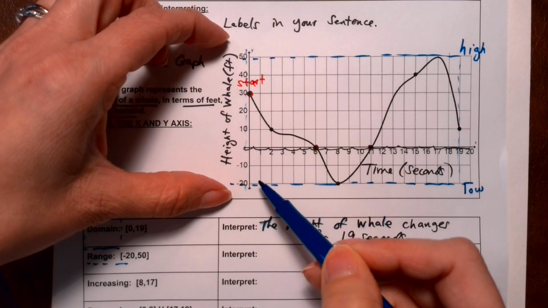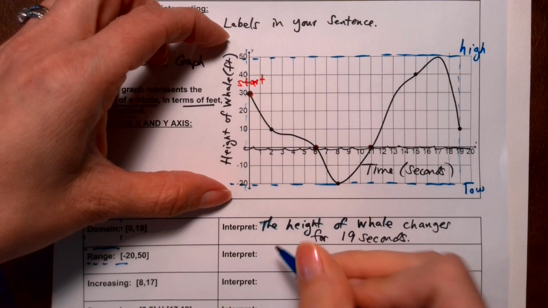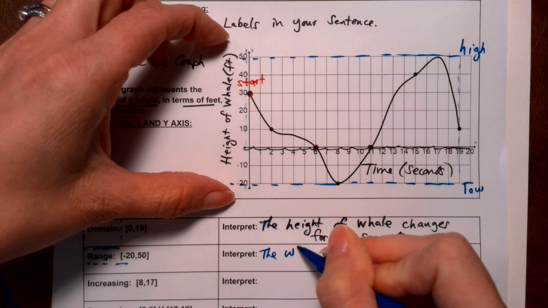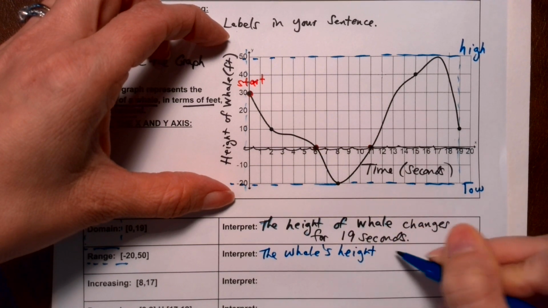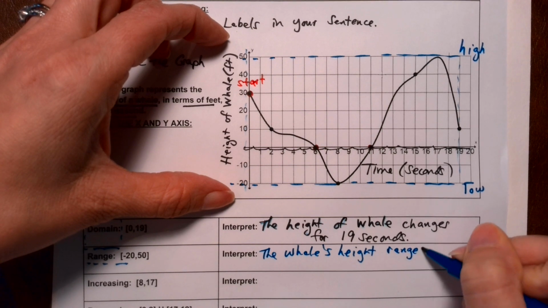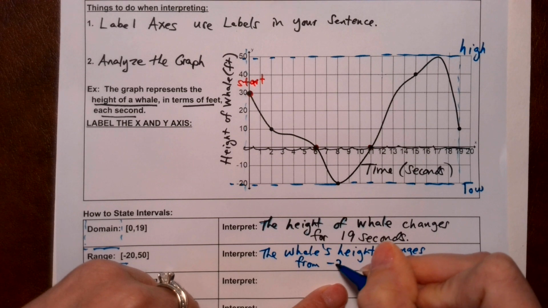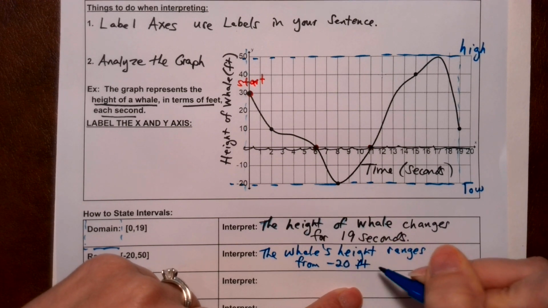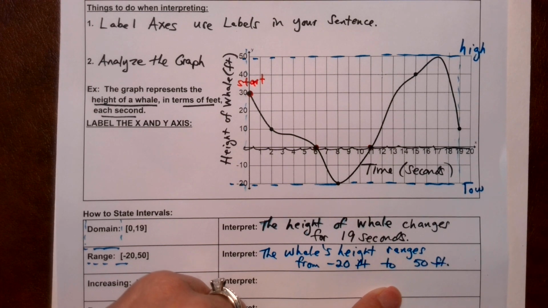And what's going down and up like this? The whale. So the whale's height ranges from -20 feet all the way up to positive 50 feet.